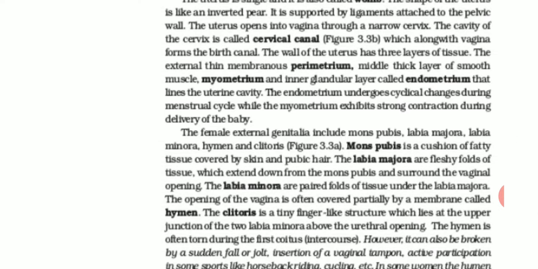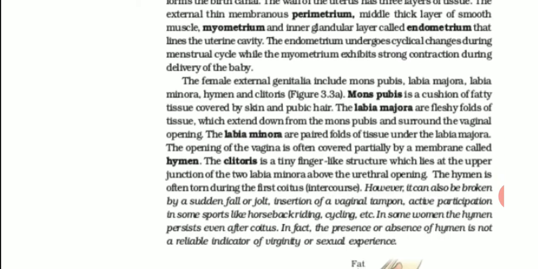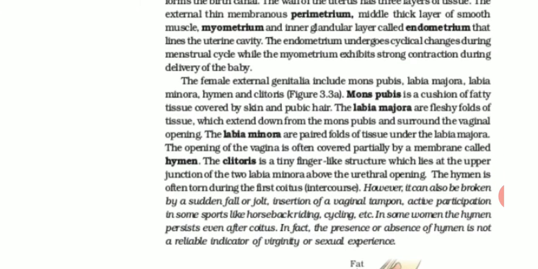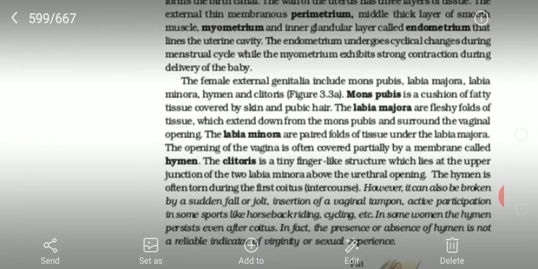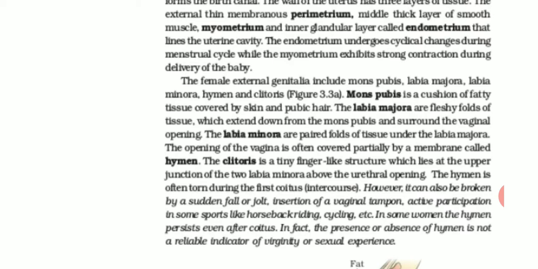The endometrium undergoes cyclical change during menstrual cycle while the myometrium exhibits strong contraction during delivery of the baby. तो जो एंडोमेट्रियम लेयर है इसमें साइक्लिकल चेंजेस होते हैं. जो मेंस्ट्रुअल साइकिल होता है उसमें एक ओवम का फॉर्मेशन होता है. जब ओवम को स्पर्म नहीं मिलता है, फर्टिलाइज नहीं होता, तो वो ब्रेक डाउन हो जाता है अलॉन्ग विद द ब्लड वेसल्स. दिस इज कॉल्ड मेंस्ट्रुअल साइकिल, राइट. And myometrium, at the time of delivery of baby, it exhibits a strong contraction in the muscles.